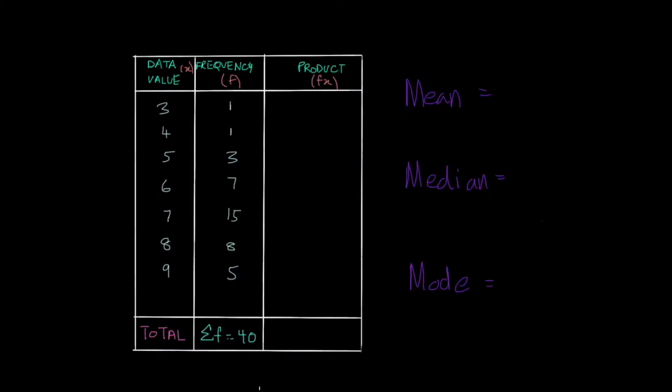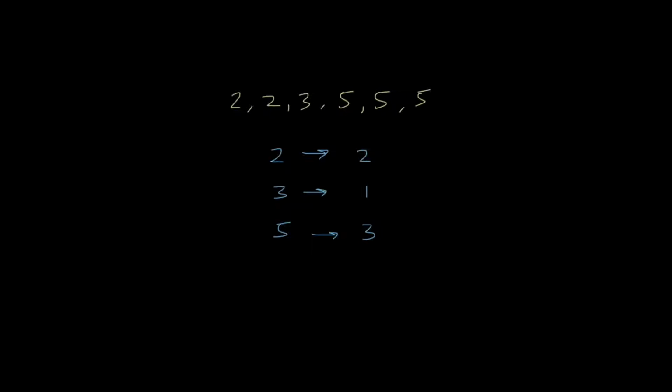Okay, so the summation of f here, adding all of these, I get 40. Now the product, which is fx, is basically telling us the total value. So here, for example, I have 2 times 2, so the value of this is going to be 4, right? 3 I have once, so the value is going to be 3. 5 I have 3 times, so the value of this is going to be 15.